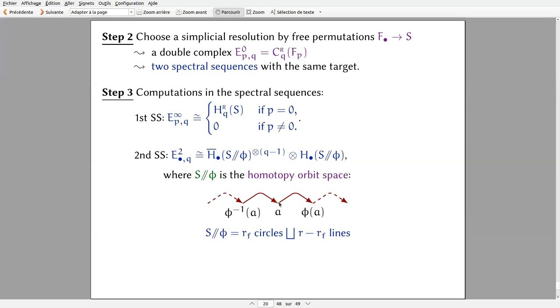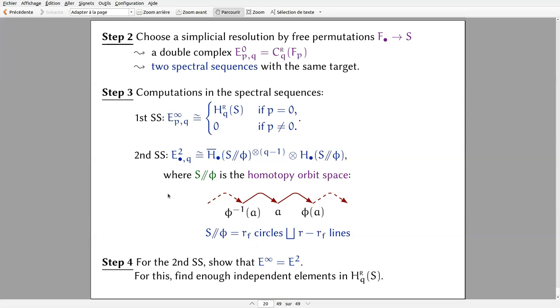Each finite orbit will give you a circle because this chain will close, and each infinite orbit will give you a line, a topological line. So you'll have non-trivial stuff only in the zeroth and in the first homology. And by putting it in this formula, you can make your computations. So you completely understand the second page.